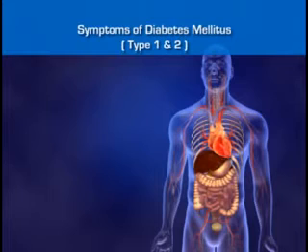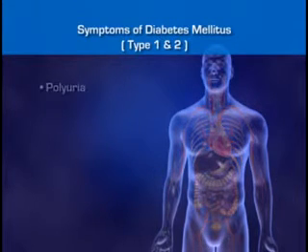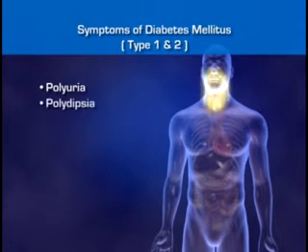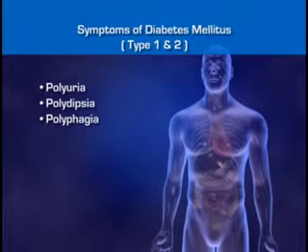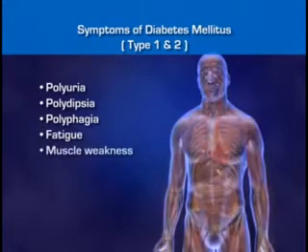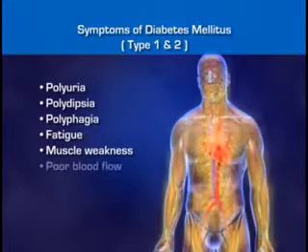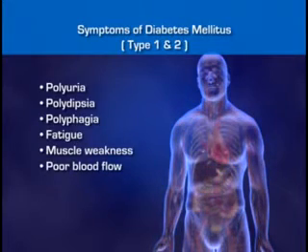Symptoms of type 1 and type 2 diabetes mellitus include the 3 Ps: polyuria, polydipsia, and polyphagia, which is excessive hunger. Other symptoms include fatigue, muscle weakness, and poor blood flow, which leads to further fatigue.